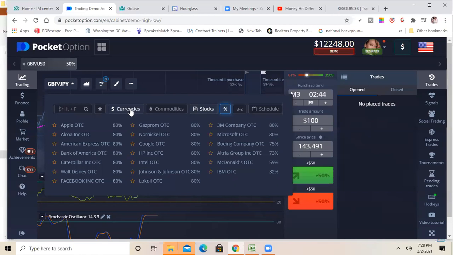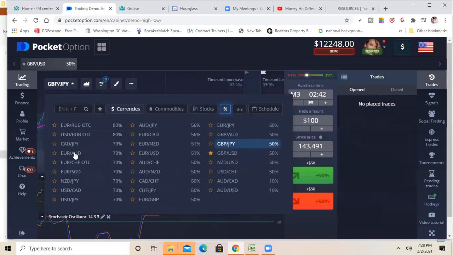Okay, so let's get back to the currencies. Now, these currencies have a percentage number next to them. What that means is the broker, Pocket Option, is going to pay you a percentage of whatever you wagered, whatever you bet.